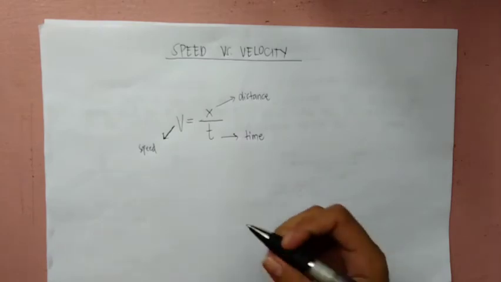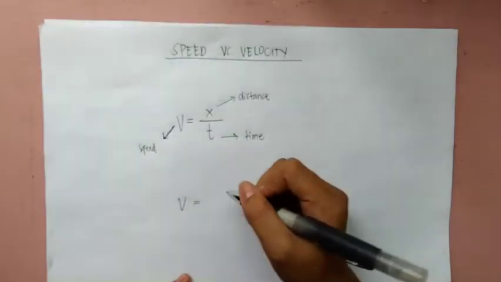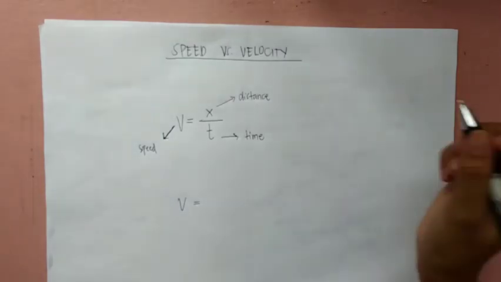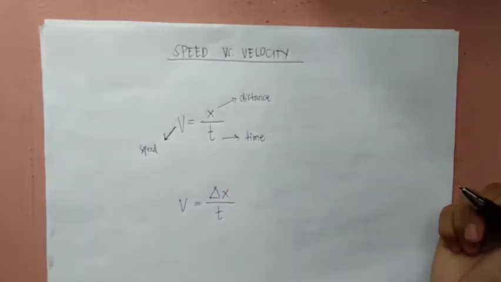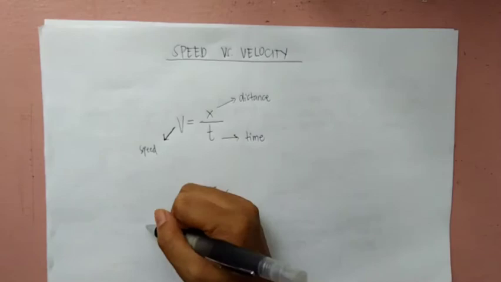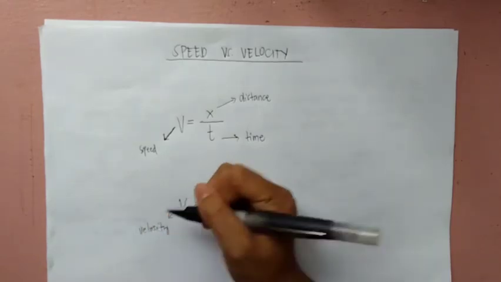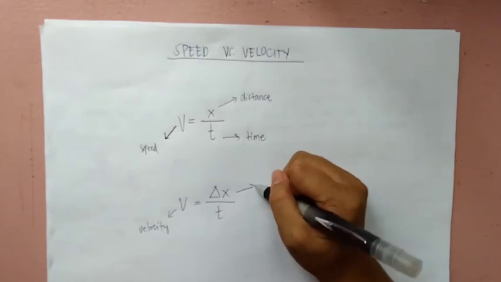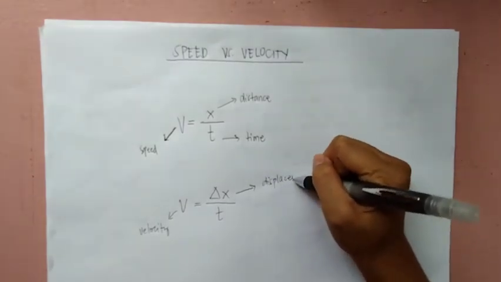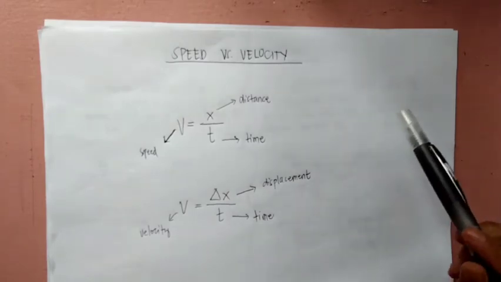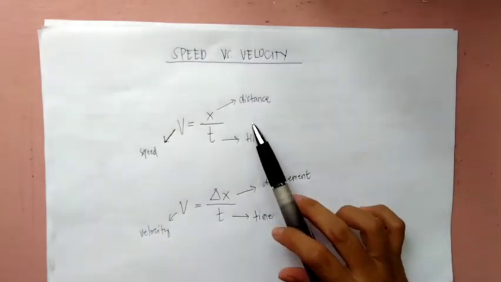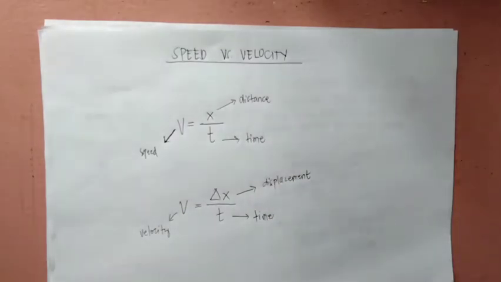But if you are referring to velocity, then v equals delta x over delta t, where v is velocity, delta x is displacement, and t is time. Generally it is presented as v equals x over t. The only difference is whether x represents distance or displacement.